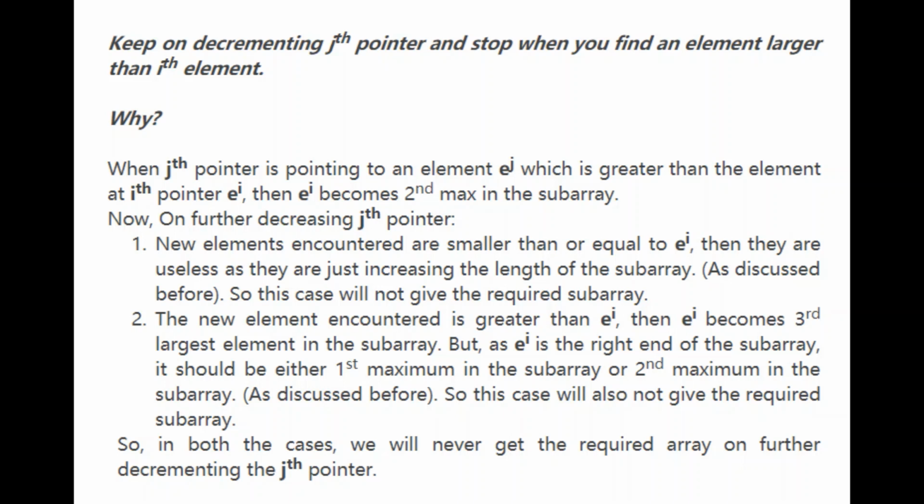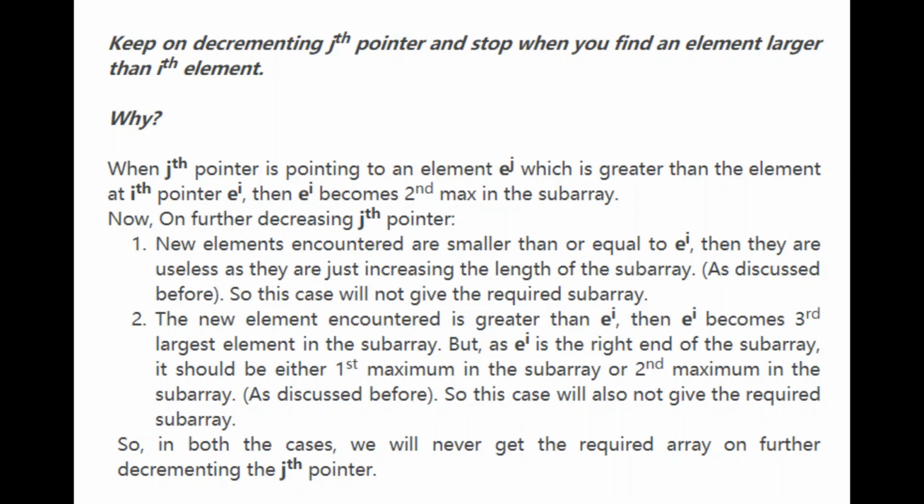So we will stop decrementing the jth pointer when we encounter an element which is greater than the ith element, because when we encounter that element, the ith element will become the second largest element of the subarray, right? Now the ith element is the second largest element of the subarray, so on further decrementing the jth pointer, if we find an element smaller than or equal to the ith element, those elements will be useless for us, right? Because currently the ith element will be the second largest element, so those elements will be less than the second largest element, so they will never be considered.